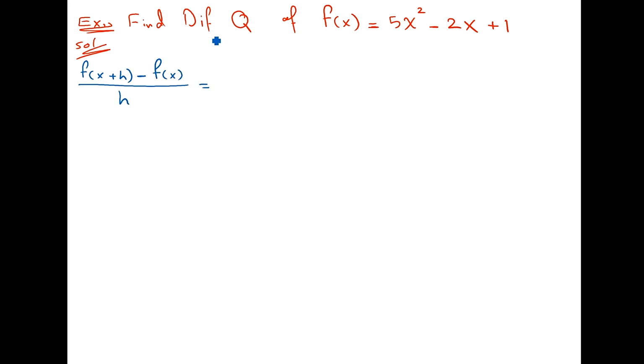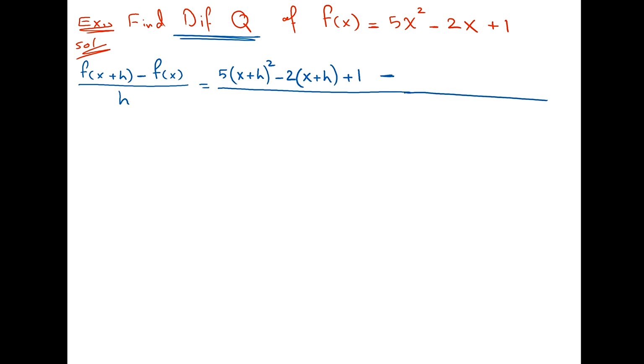This is it, as soon as it says find the difference quotient. This equal, now we need to substitute f of x plus h, replace x with x plus h. So we have 5 times x plus h squared minus 2 multiply x plus h plus 1, minus f of x. This is f of x. Put it as it is. Over what? Over h.